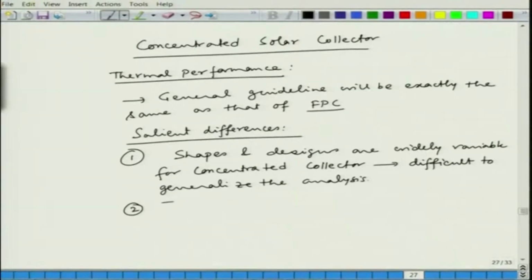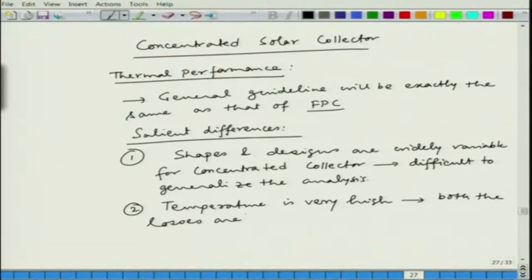Second salient feature is the temperature is very high compared to the flat plate collectors, and that means, first of all, the losses are higher, okay, because temperature is high, that means the loss to the ambient will be higher.